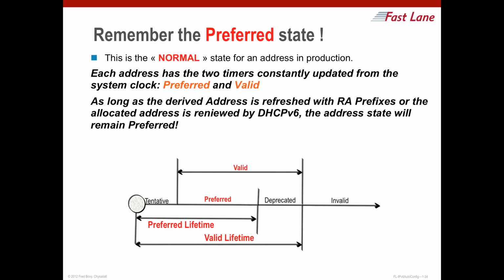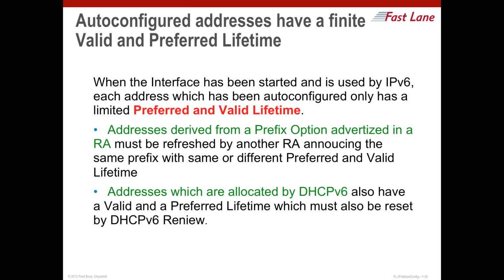So you need router advertisement refreshments, or we will need the DHCP protocol, but one way or the other, either way will be used to refresh the preferred and the valid timers to make sure that the address remains valid.